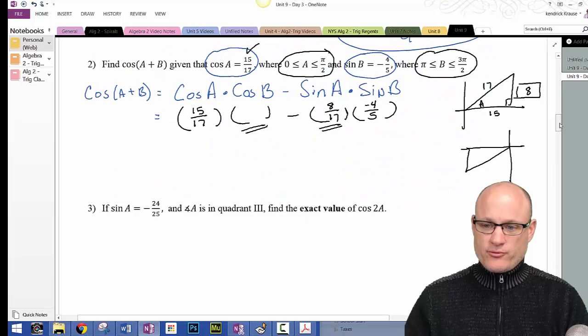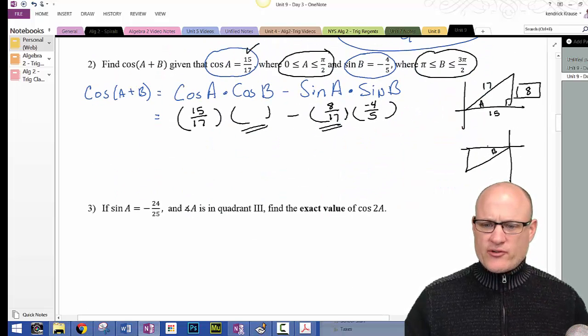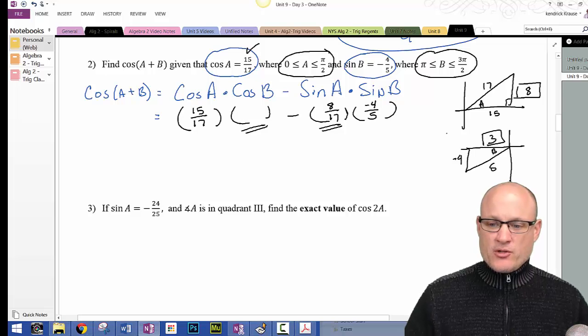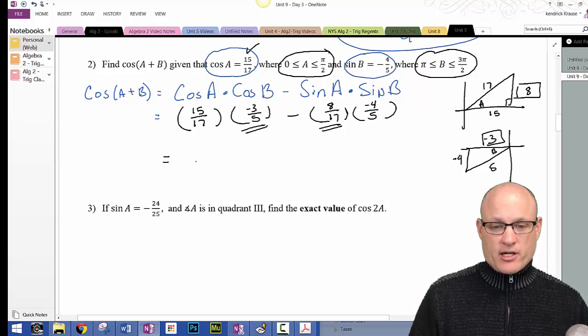Now we know that the sine of B is negative 4 over 5. And again, you guys should know this is a 3. But it's in the negative direction, so it's negative 3 over 5. Now, if you'd like, you can just type this into your calculator.